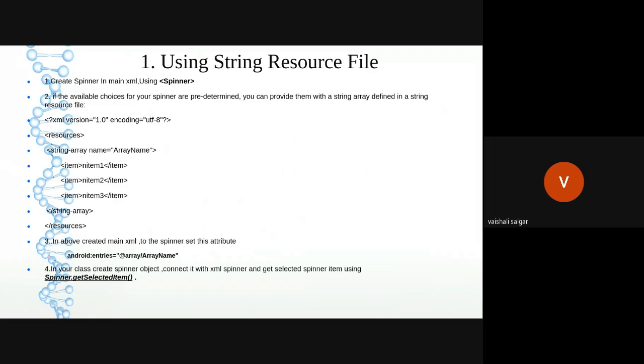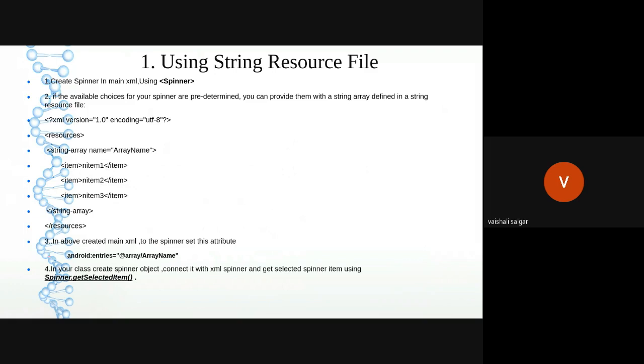How can I add that list of values? By using the item tag. This is the syntax of the item tag: opening and closing angle brackets, then item, then whatever value we want to add, that actual value you specify over here, and close the item tag.